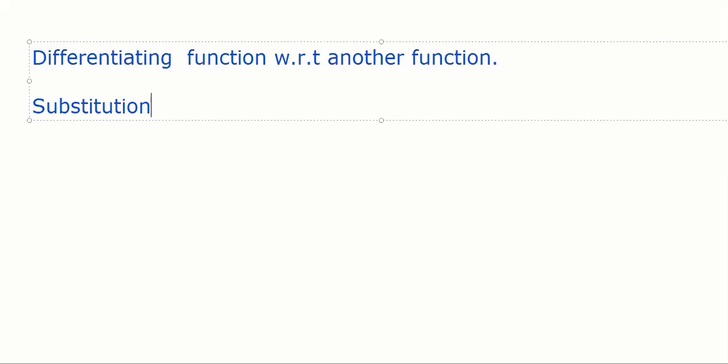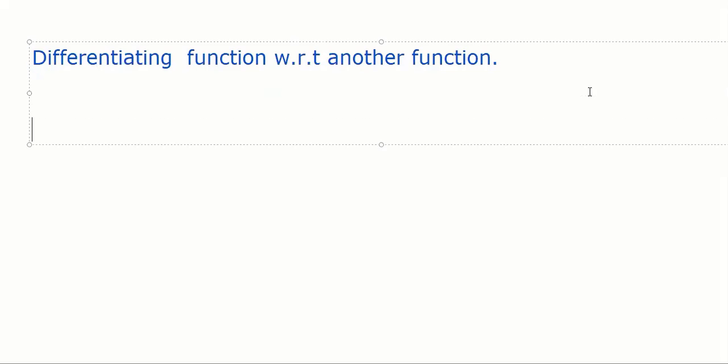For example, let's start with another question today, a very easy one. Suppose I say differentiate x to power x with respect to x log x.